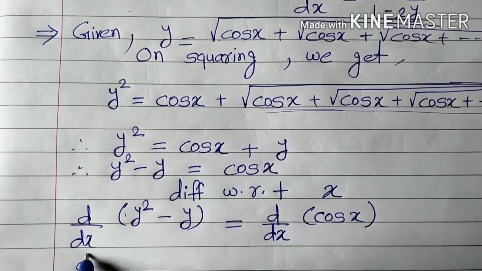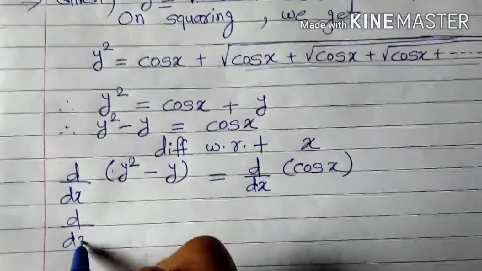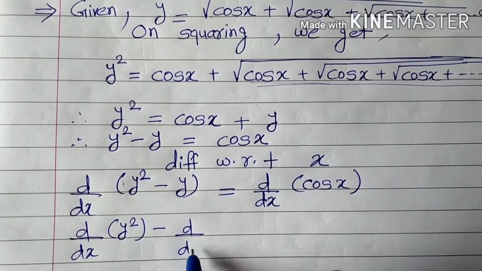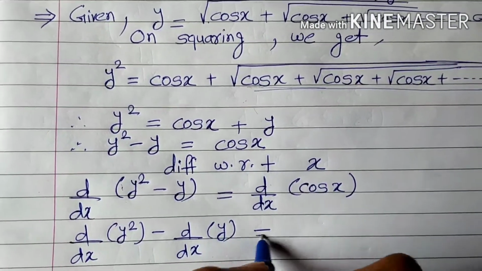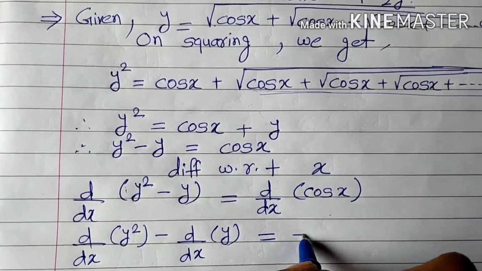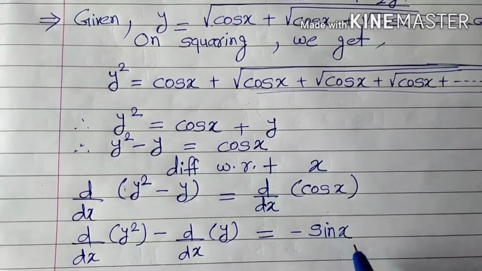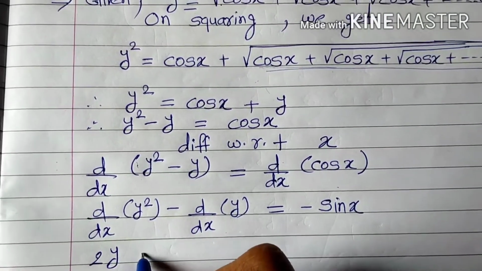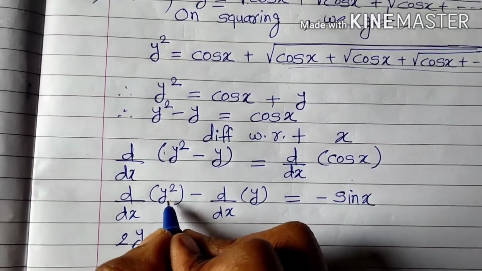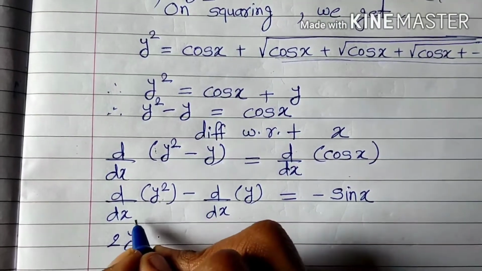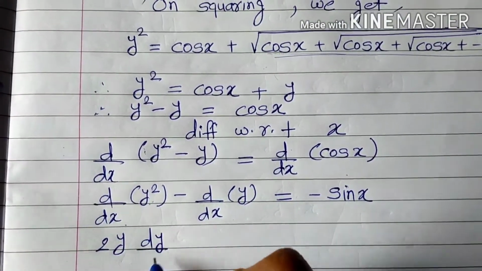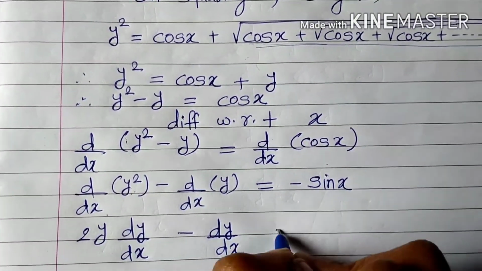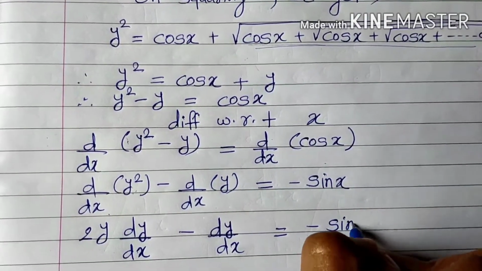Now apply sum rule, d by dx of y square minus d by dx of y, and we know that derivative of cos x with respect to x is minus sin x. So derivative of y square is 2y, and it is a dependent function of x, so dy by dx, and here is minus dy by dx is equal to minus sin x.